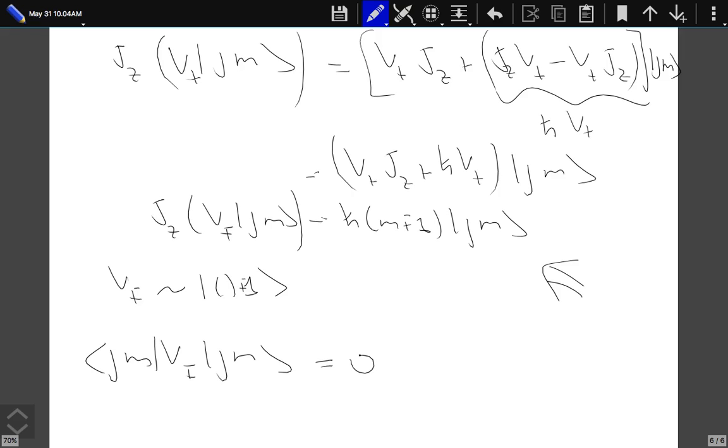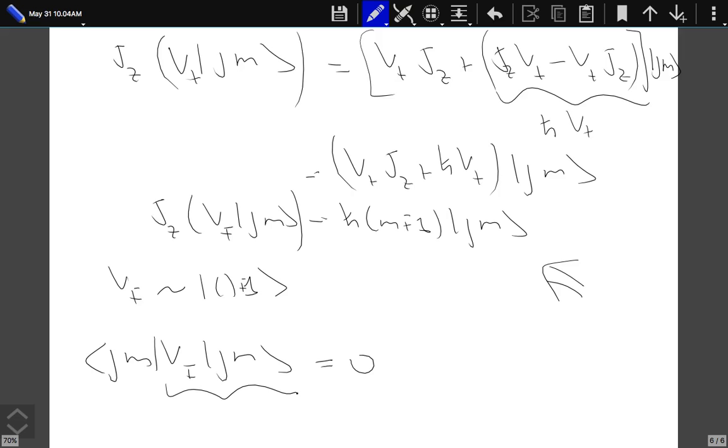But nevertheless, I know that their expectation value in a state that has a definite value of J and m should be 0. Because you see, this product is an eigenket of Jz with an eigenvalue different than h bar m. So if you have two kets that have different eigenvalues, then they are orthogonal to each other. So that's why I know that this matrix element is automatically 0.